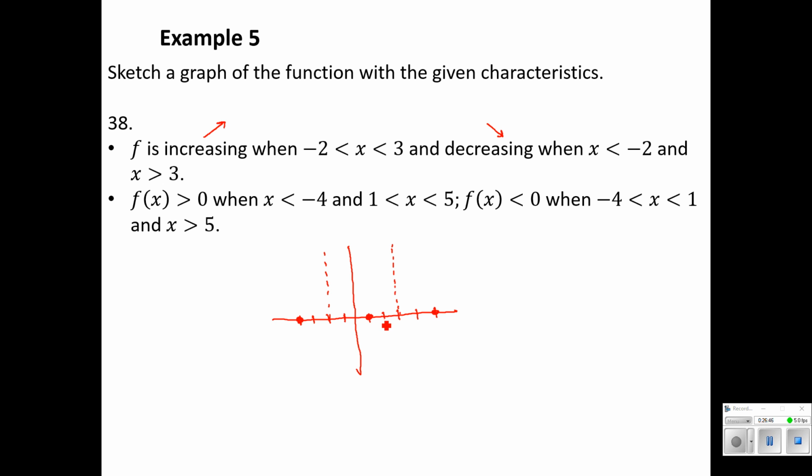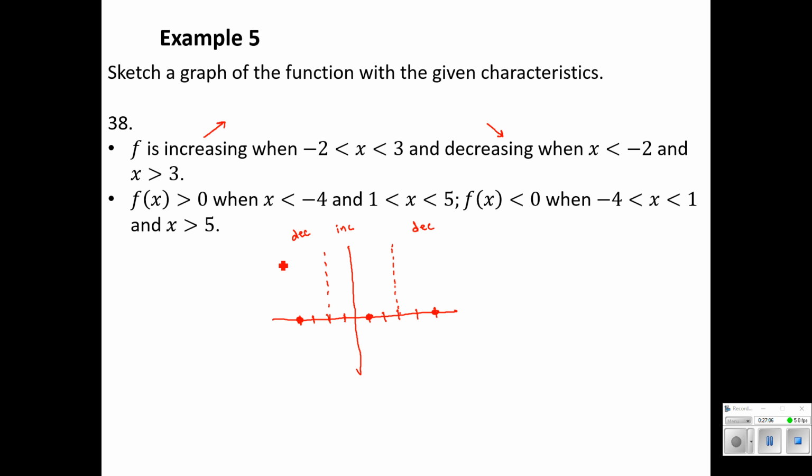And it's decreasing on either side of that. All right, so let's see what we can come up with here.